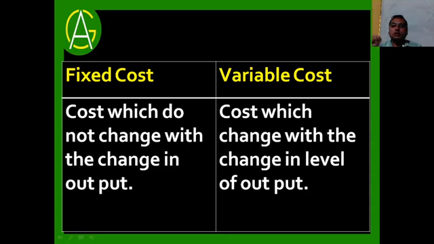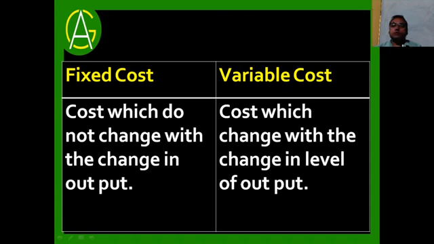Say for example, the rent of a factory building. For example, the owner needs to pay 25,000 per month as rent. Now if within the month the producer or the owner of the business produces 500 units, what will be the amount of rent to be paid? 25,000.